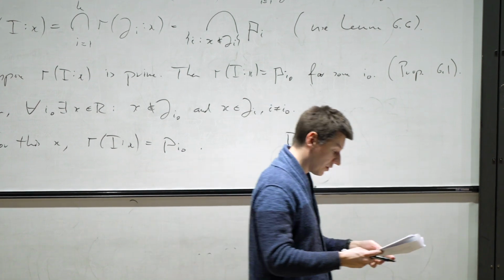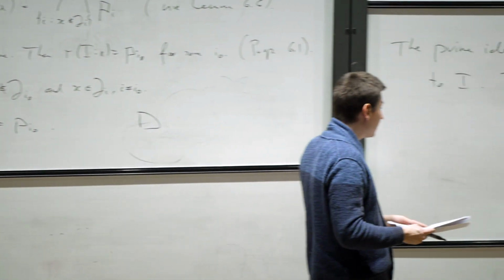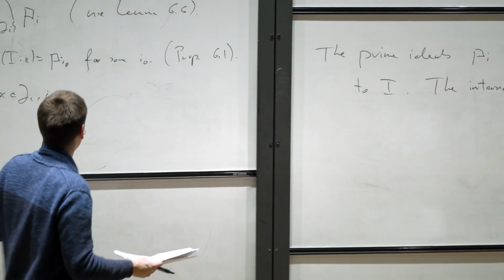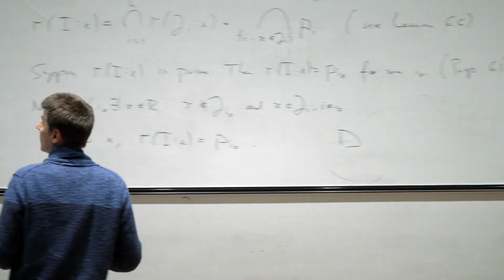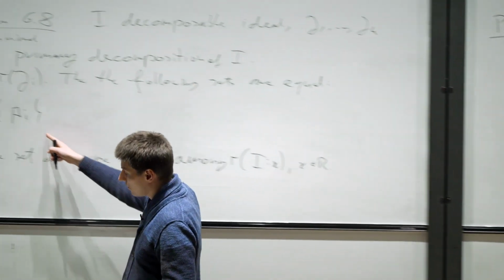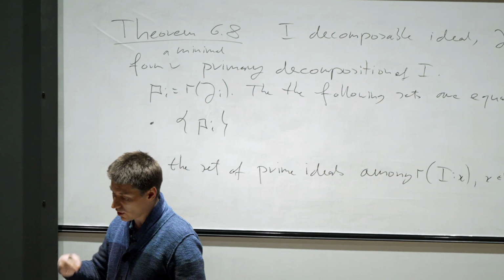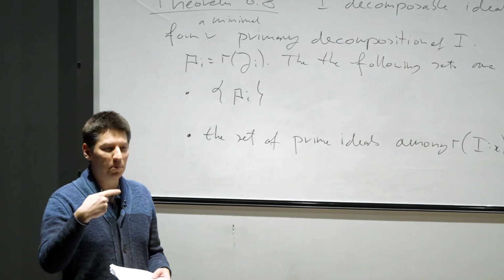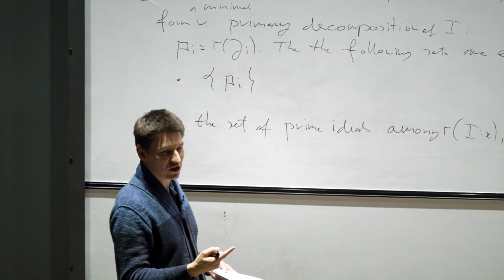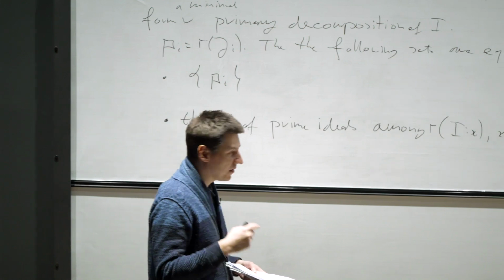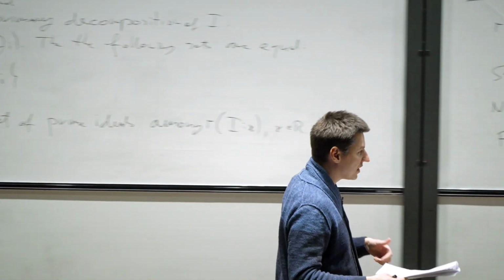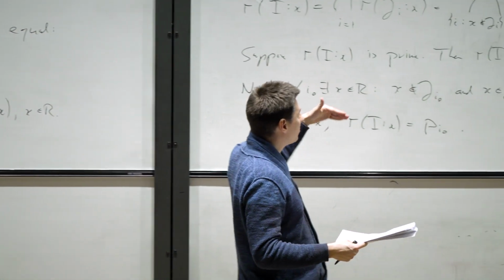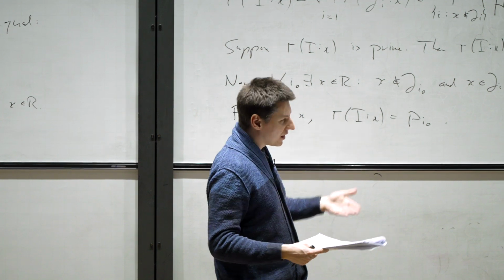Moreover, these primes are then unique because they are exactly the primes that appear in the statement of the theorem. So if you take a radical ideal and you look at primary decompositions by primes, it's essentially unique up to reshuffling.